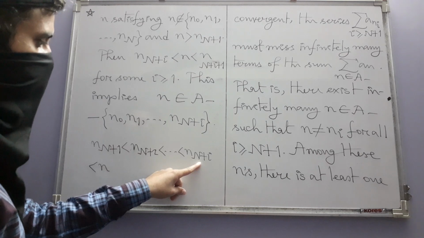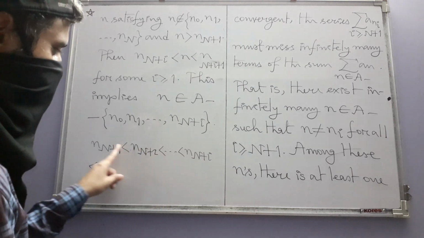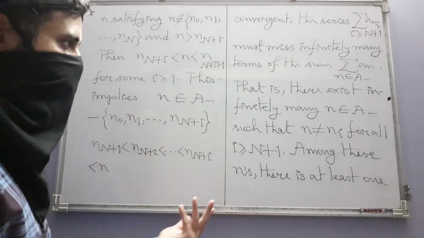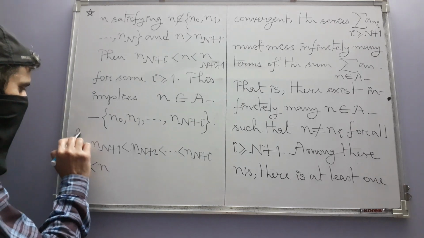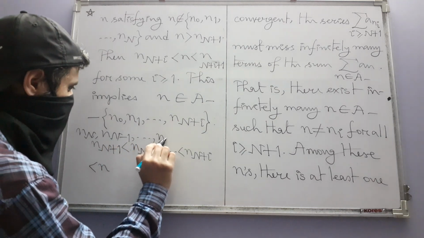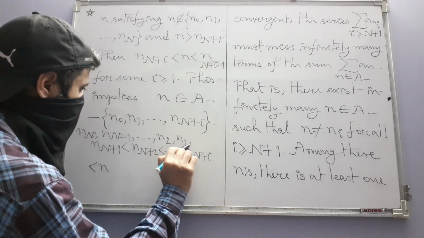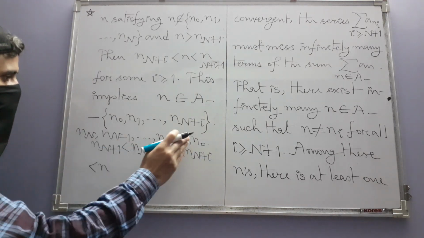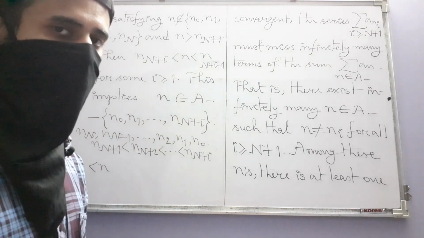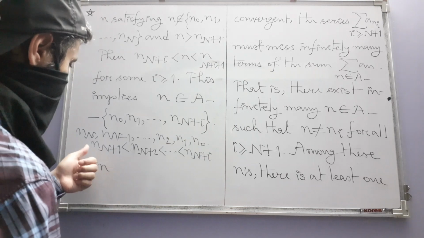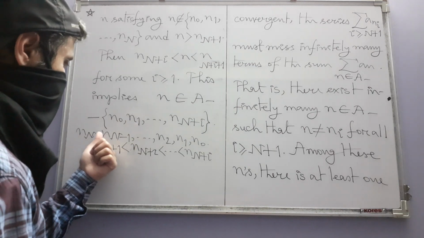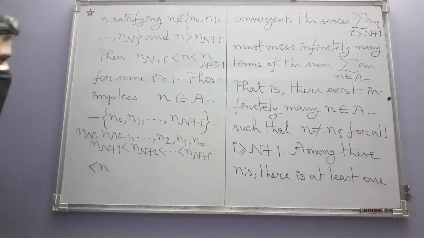Because n is greater than n plus I, and due to the increasing nature of that sequence, n is not equal to any of these previous things. But we can go further back than this, right? n minus 1, what about these things? So that is taken care of by this extra condition. n is also not equal to the other n's that come before n plus 1, that is starting from n minus 1 and so on.